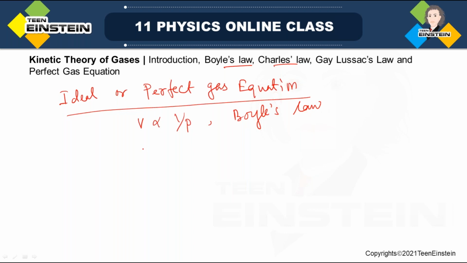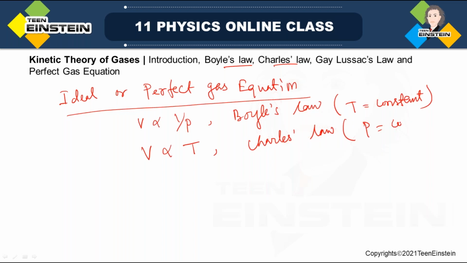What about Charles's law? In Boyle's law, temperature remains constant, and in Charles's law there is a direct relationship between volume and temperature when pressure remains constant.